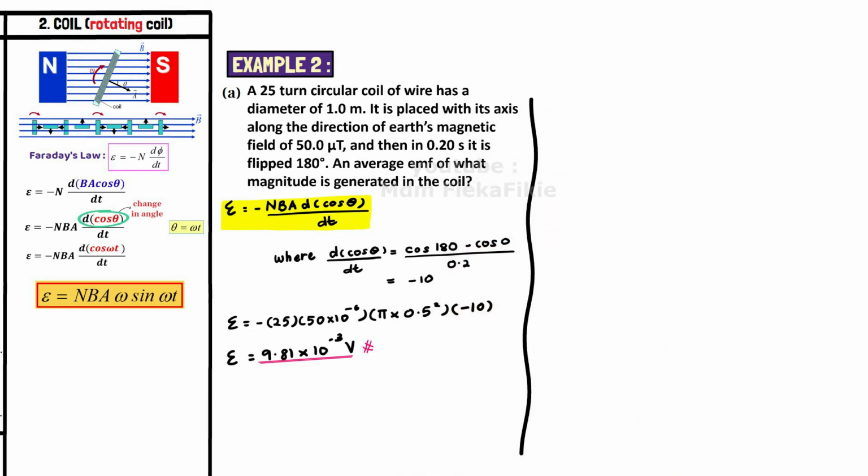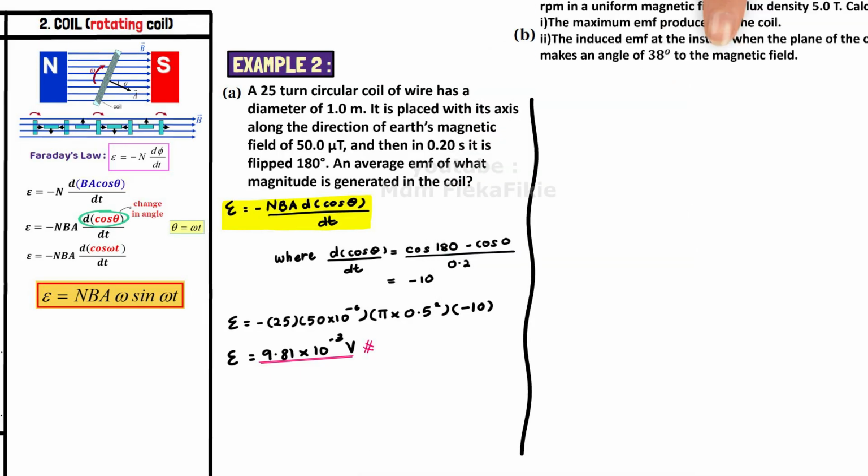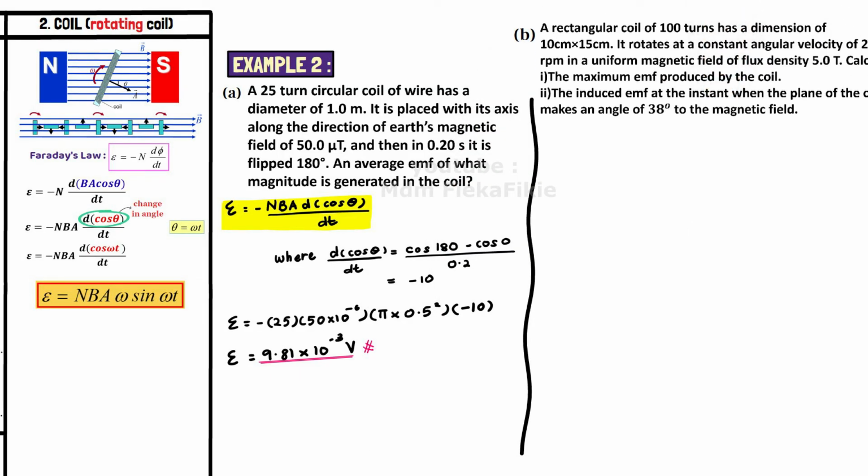So let's move to the second part, which is B. So here we have a rectangular coil of 100 turns, has a dimension of 10 cm times 15 cm. So this coil is rotating at a constant angular velocity. So it is given here, and the magnetic field of flux density also given 5.0 Tesla.